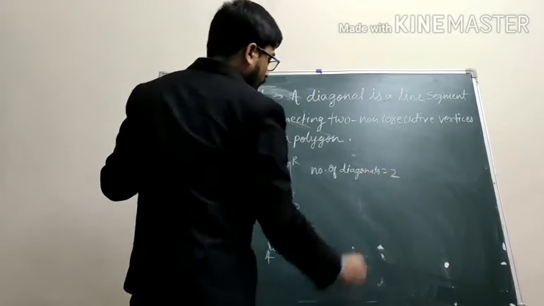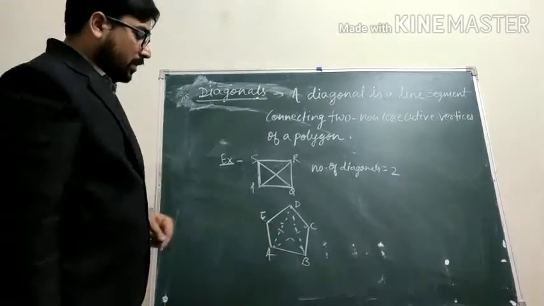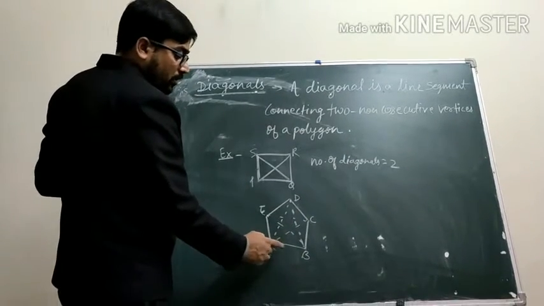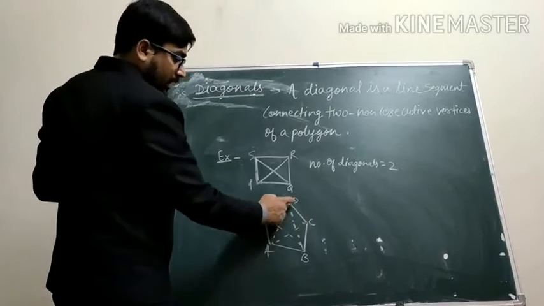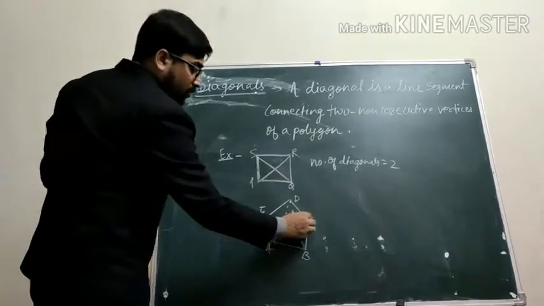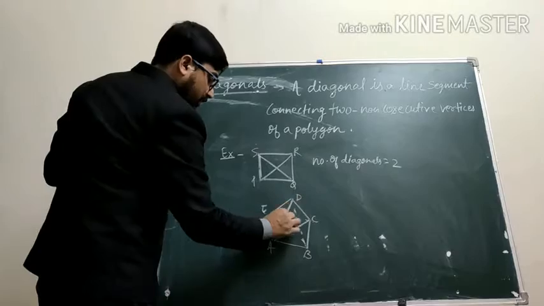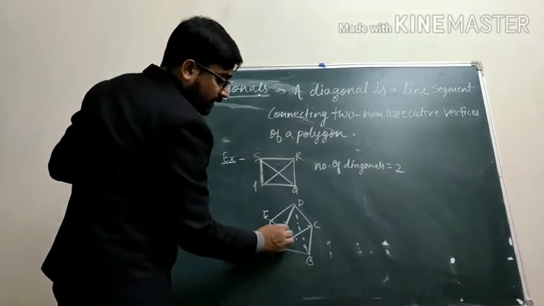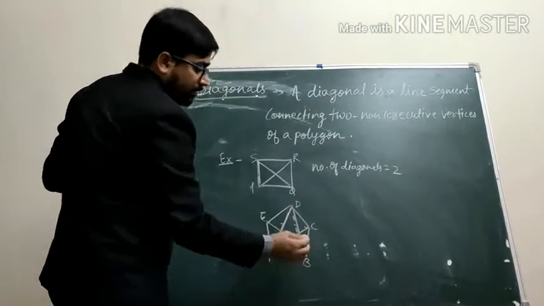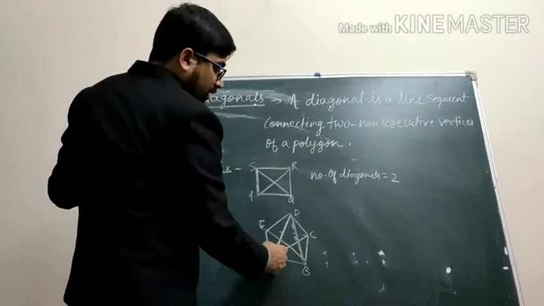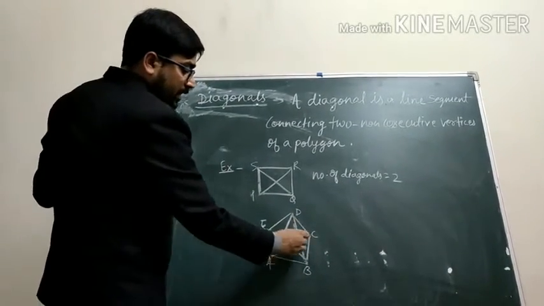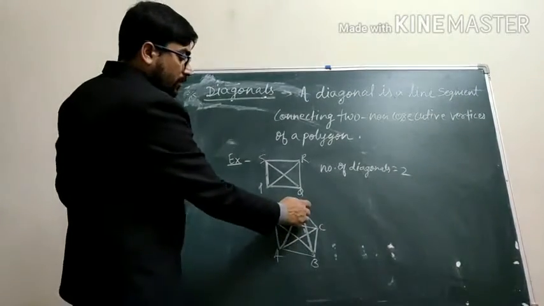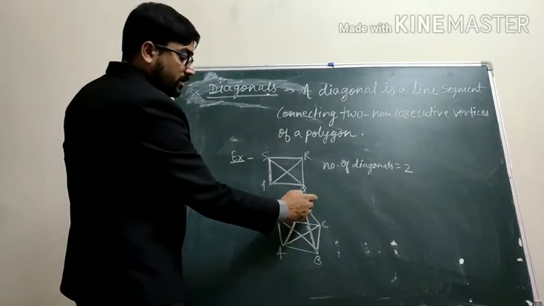are 2. In this figure, this is pentagon. Non-consecutive vertices of A is C and D. So you can draw from here to here. Non-consecutive vertices of B is E and D. C का non-consecutive vertices A and E ज्वाइन कर दी. What is the non-consecutive vertices of D?